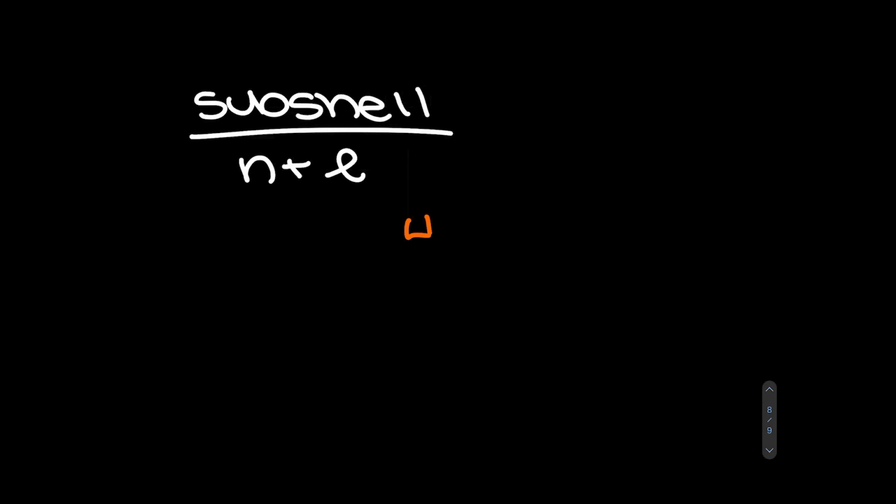Now let's try something a little bit more tricky. Let's say we have a 4d subshell. So we draw out the 5 lines representing the orbitals of the 4d subshell. Because we know that it's a 4d subshell, we know that L must be equal to 2, using the chart that we had earlier.